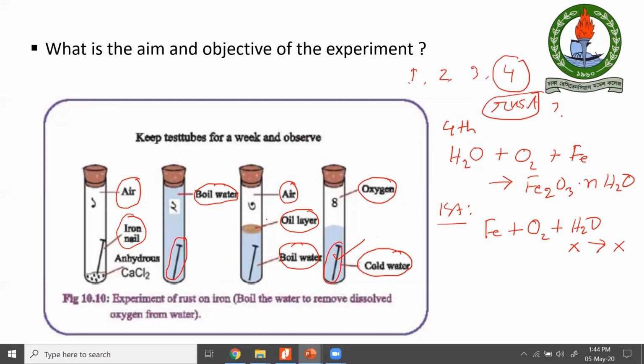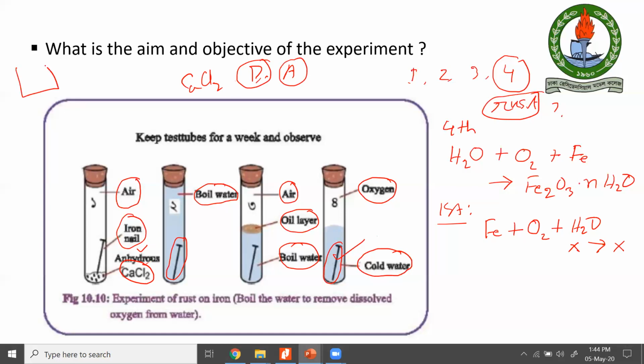You see, in the first test tube, we used some anhydrous calcium chloride. Anhydrous calcium chloride is a dehydrating agent. That means this one can absorb moisture.